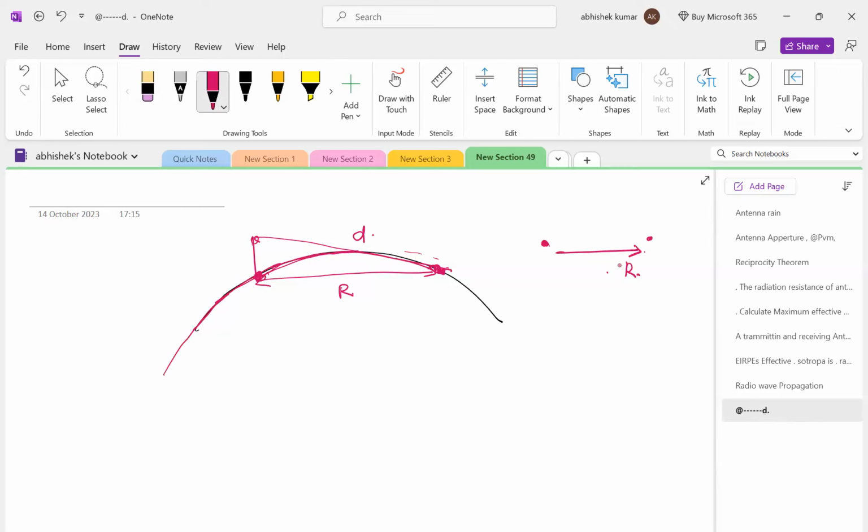So r is not the distance between the two antennas, d is, and that we have to calculate. Suppose the radius of the earth is 6.378 into 10 to the power 6 meter. Then we calculate the distance from the antenna at height h, known as the distance of horizon, d equal to the square root of 2 r h, where h is the height of the antenna.